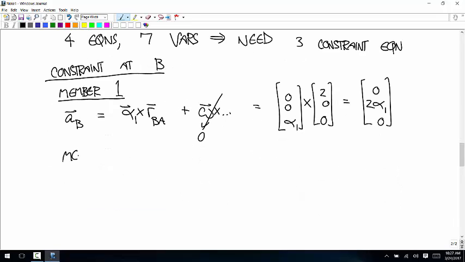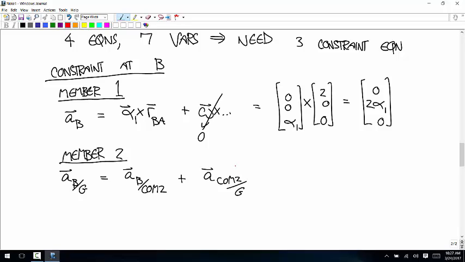And then member 2, that one doesn't have a fixed point. So we're going to have to calculate the acceleration of B using relative motion. Acceleration of B relative to the ground is equal to the acceleration of B relative to the center of mass of 2 plus the acceleration of the center of mass of 2 relative to the ground. This is the variable we already have from Newton's laws.